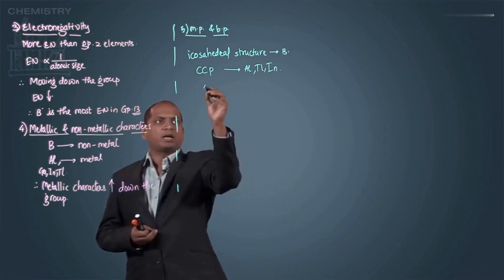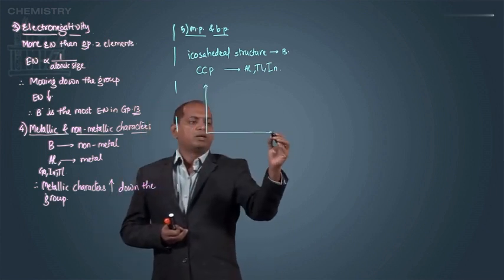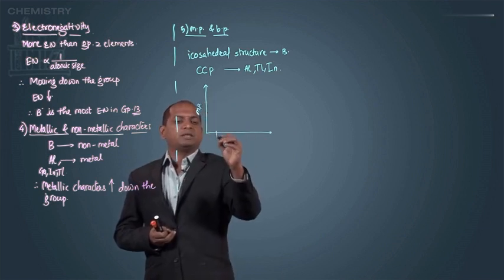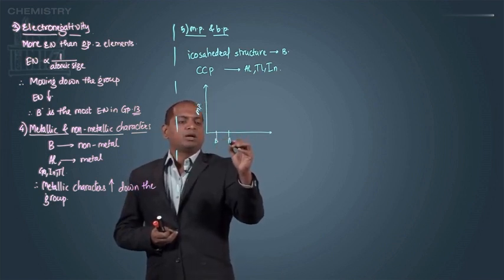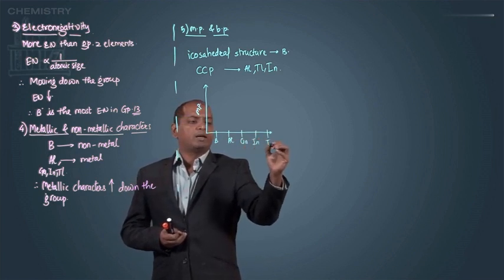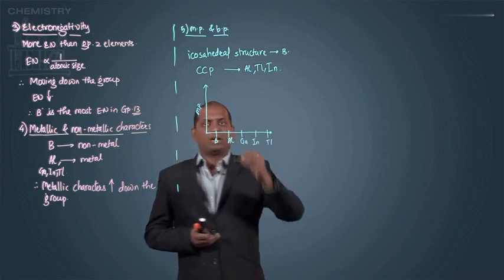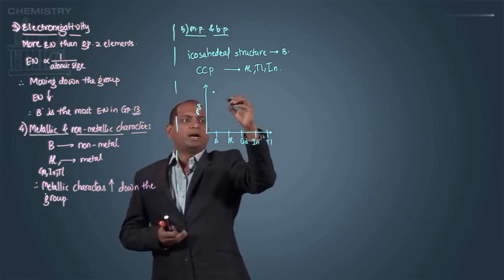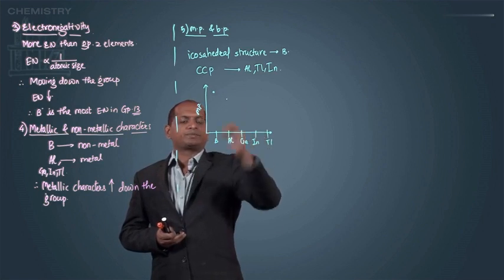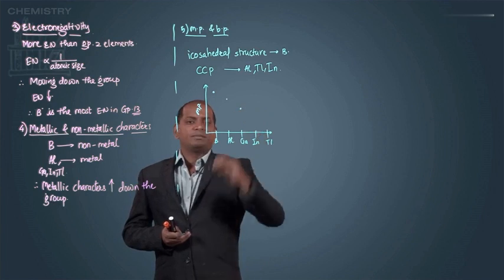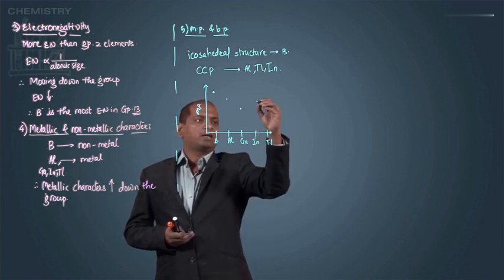If we try to plot a graph of melting point versus the elements boron, aluminium, gallium, indium and thallium, boron has the highest melting point, then aluminium, gallium, and then further there is again an increase in melting point.